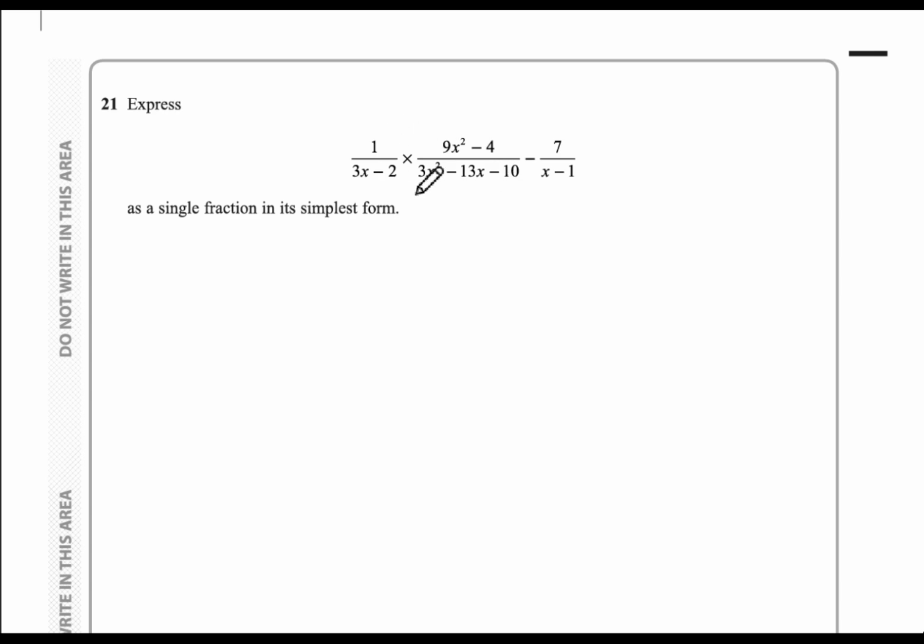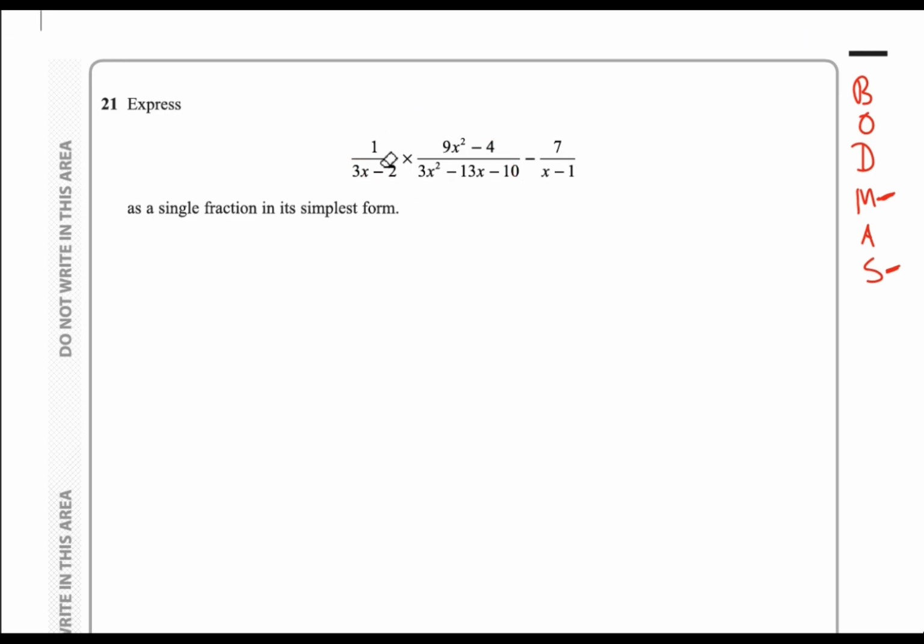Now we have a problem whether we deal with the multiplication first or the minus. Our BODMAS rule says that multiplication comes before subtraction. Therefore, I have to carry out this multiplication step first before going to the minus, right?